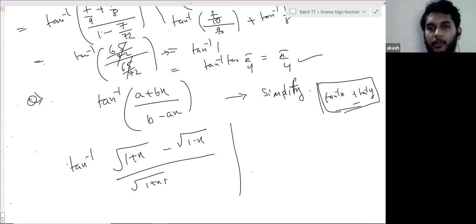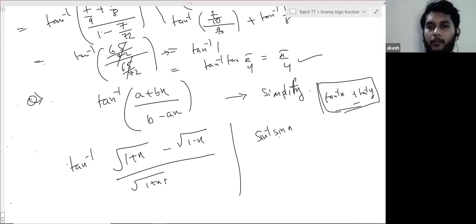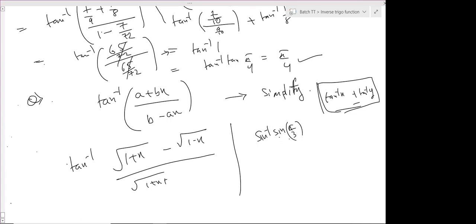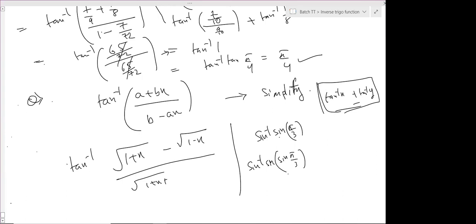Just tell me the question. Sine inverse sine pi by 3. Then 2 times sine. All right. So both the sines are in the bracket.